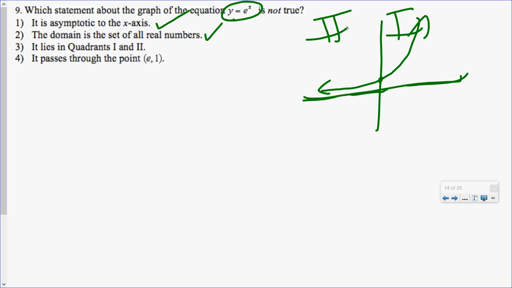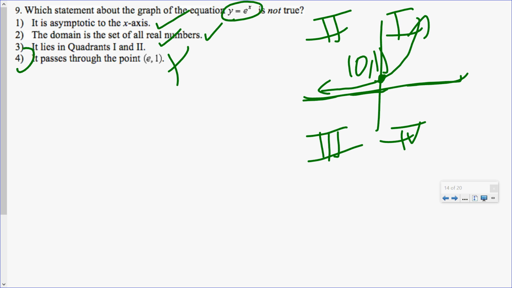Yep, there's nothing down here in 3 and 4. It passes through the point e comma 1. It passes through the point 0 comma 1. Any exponential graph passes through the point 0 comma 1. So no, it doesn't pass through e comma 1. It passes through 0 comma 1. Choice 4 is not true.